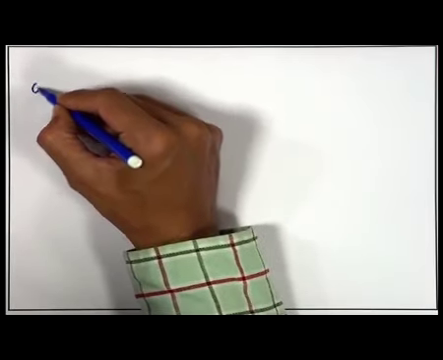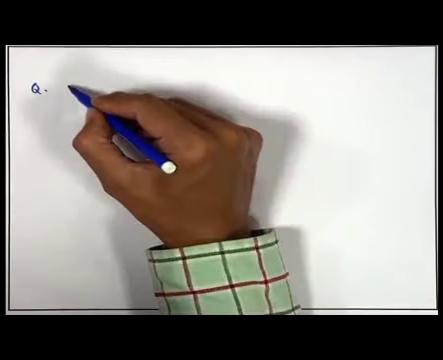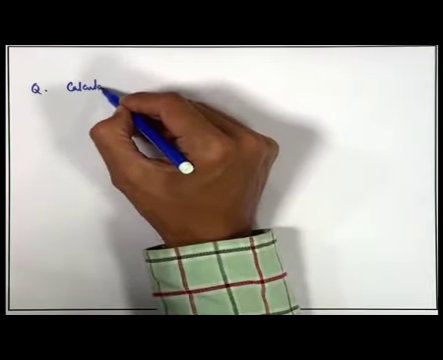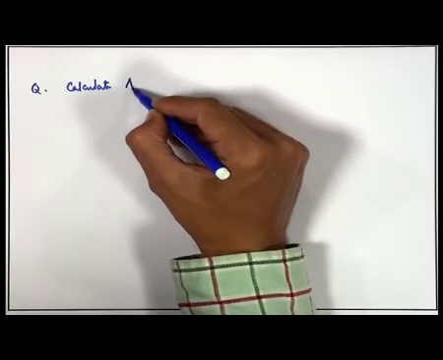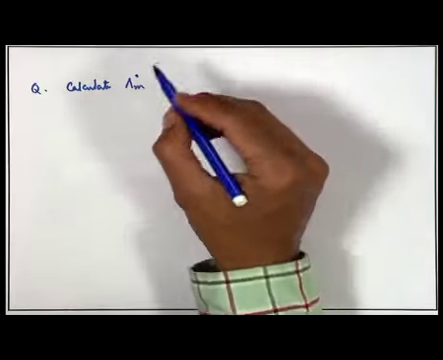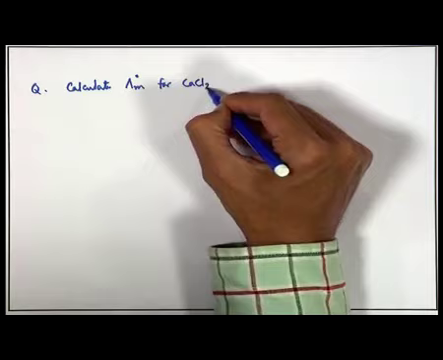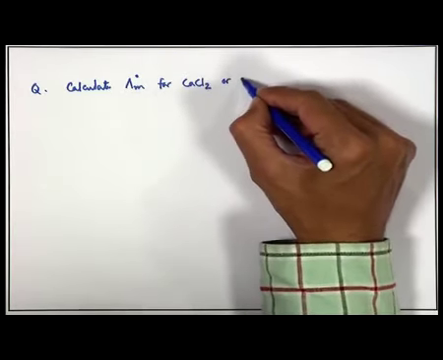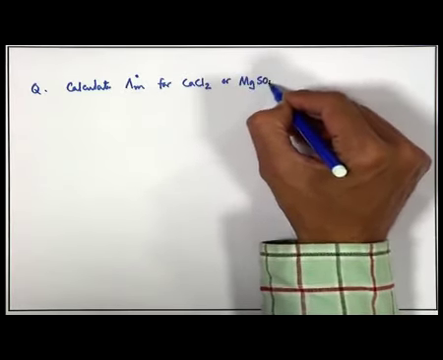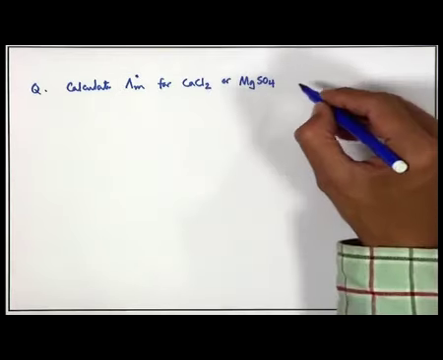Now, a few simple problems that one can try out, like a standard question: calculate lambda m 0 for, say, calcium chloride or MgSO4 using standard data.